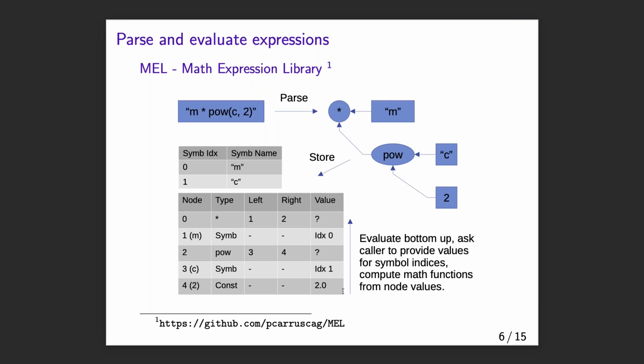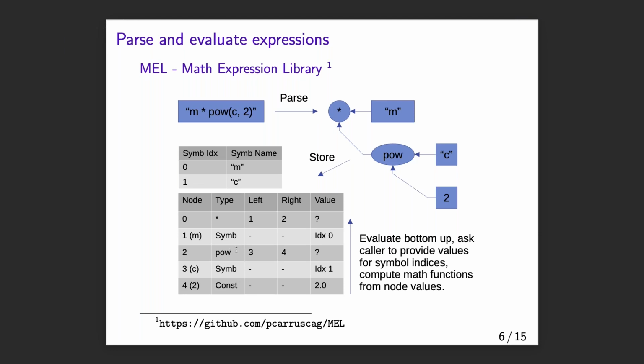And then the way to evaluate something like this is to just start bottom up. If we get to a constant, you immediately know what the value is because you stored it while you parsed the string. If you get to a symbol, then we need some way of getting the current value for this symbol. And so this is the role of the user to provide some object that maps these indices, and therefore symbol names, to symbol values.